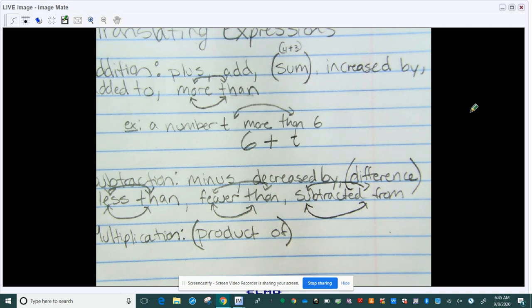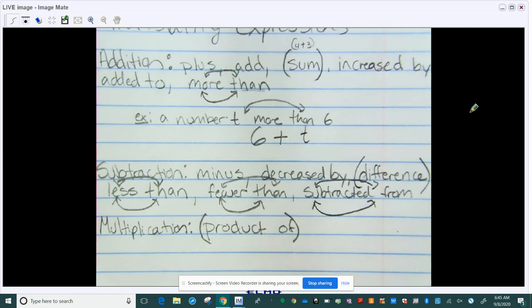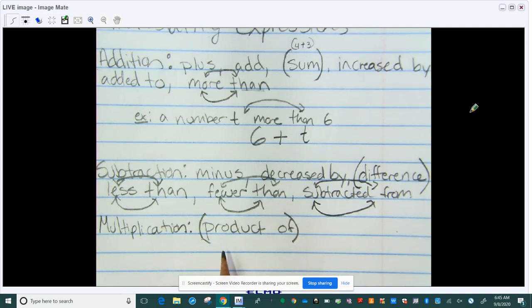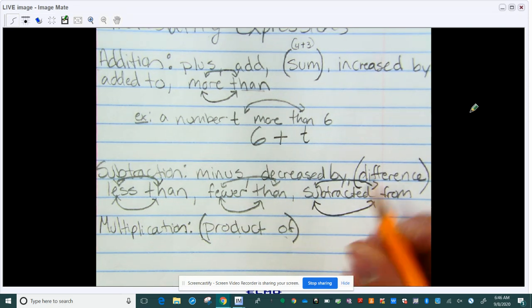Now, multiplication is a little bit higher up on the food chain in order of operations than addition and subtraction. So these parentheses are sometimes required, and sometimes order of operations does the multiplication before anything else. So the parentheses aren't needed per se. So just make sure you find the answer to that multiplication before moving on. We'll look at an example of that in just a moment.